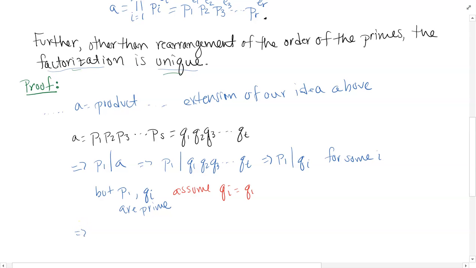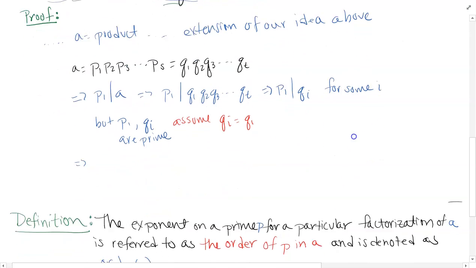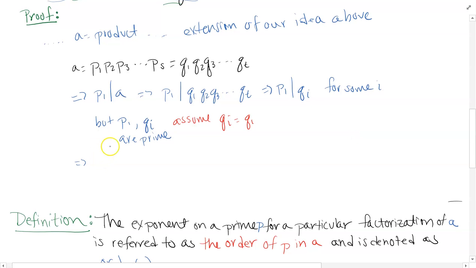So then we have, okay, so if those are both prime, then that cancels out those two factors, so you would be left with P2, P3, ..., Ps is equal to Q2, Q3, ..., Qt, okay?